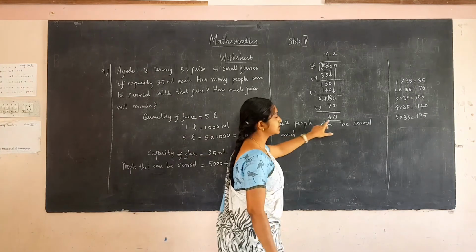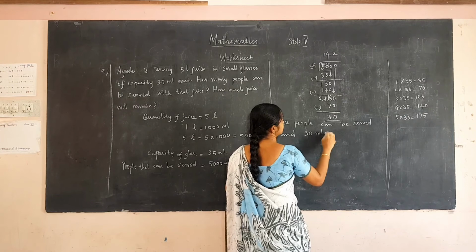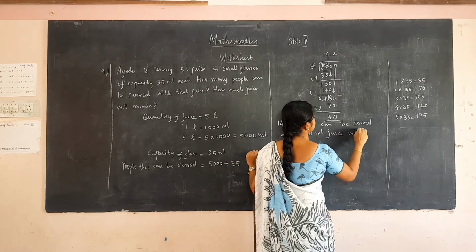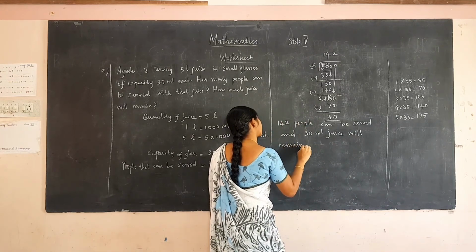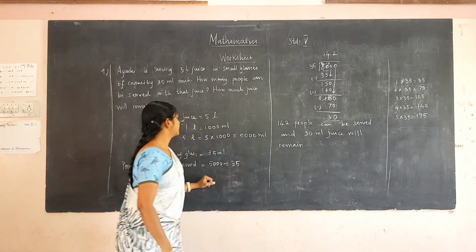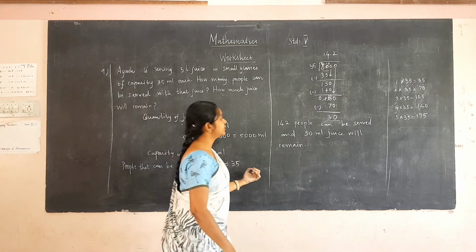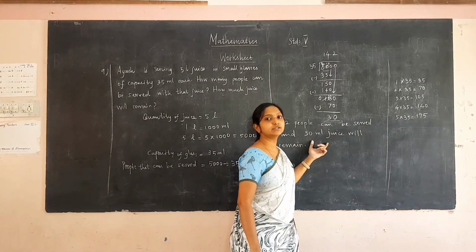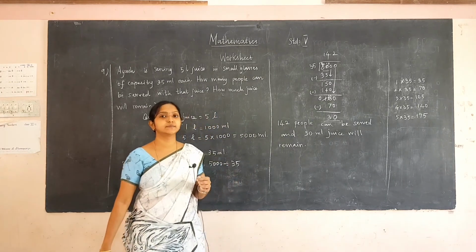Remaining we will have 30 ml of juice. First convert liter into milliliter and then we have to divide. So the answer will also be in milliliter. 30 ml juice will remain and 142 people can be served.